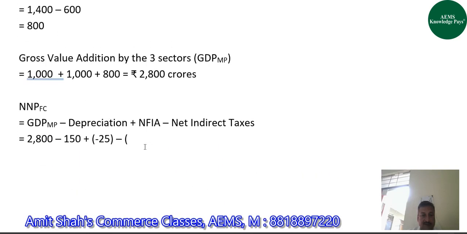So 120 minus 15 is net indirect taxes. That is 2,800 minus 175 minus 105. That is 2,800 minus 280, that is 2,520 crores.